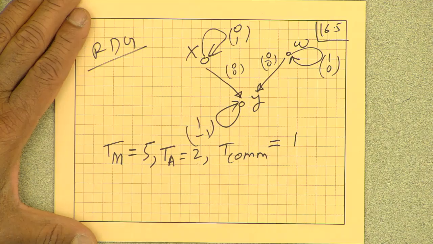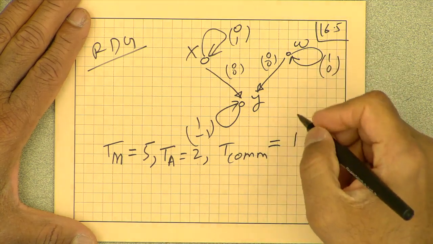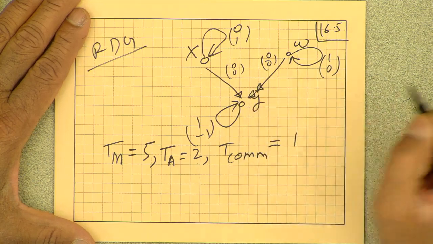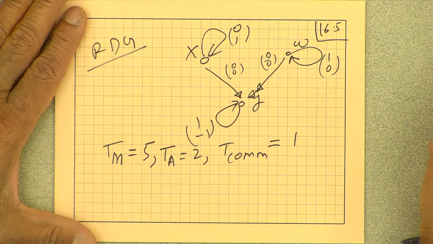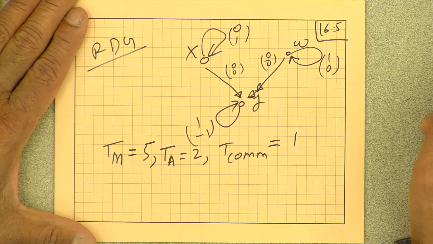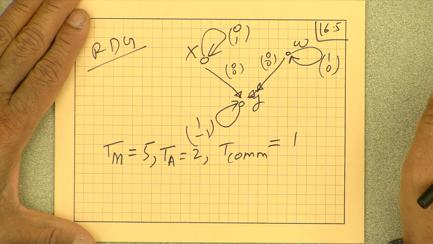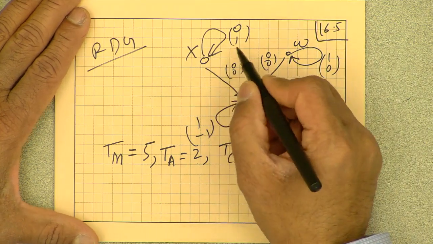Okay, so in this case, where is something being computed? So, what do you think will be the... so x.